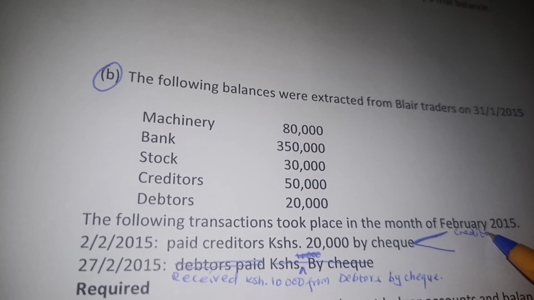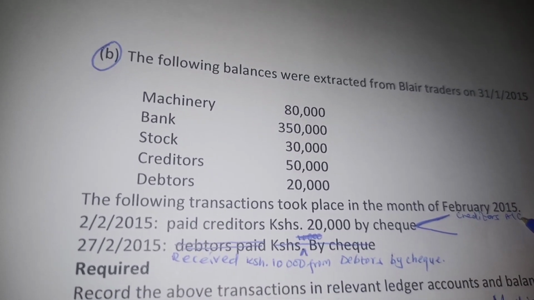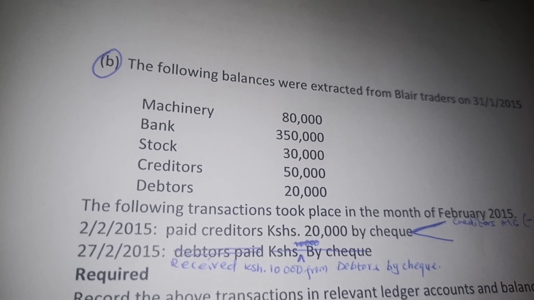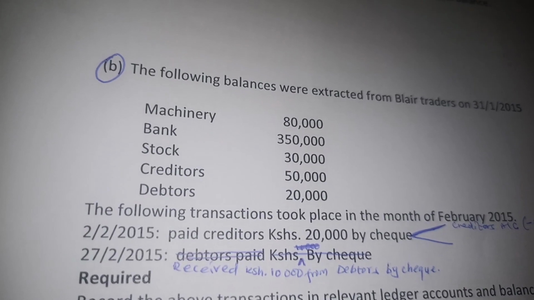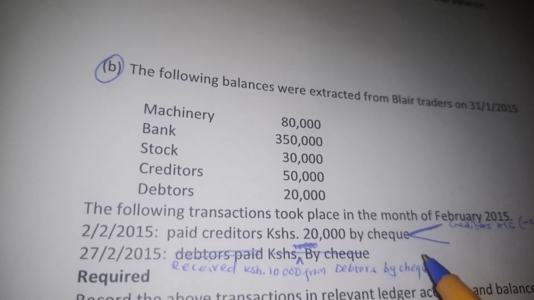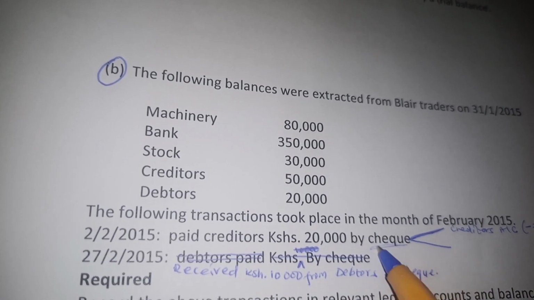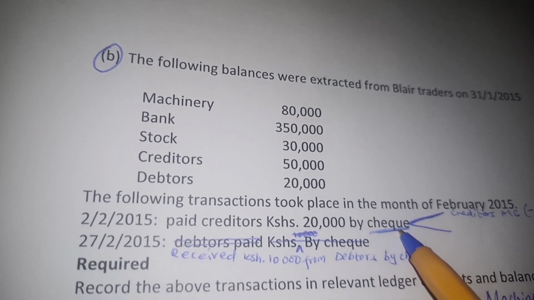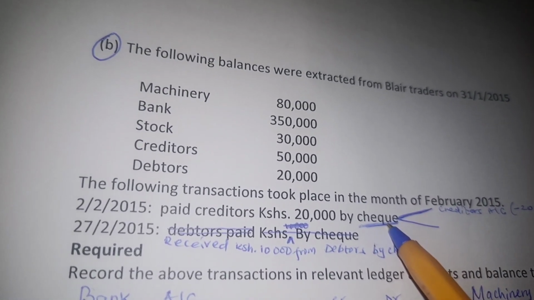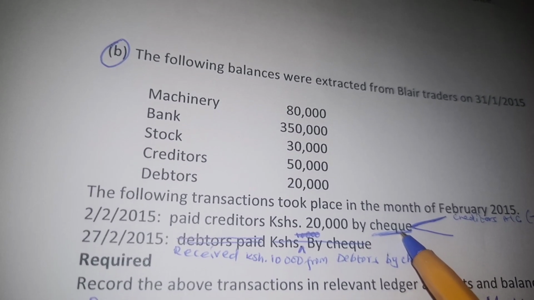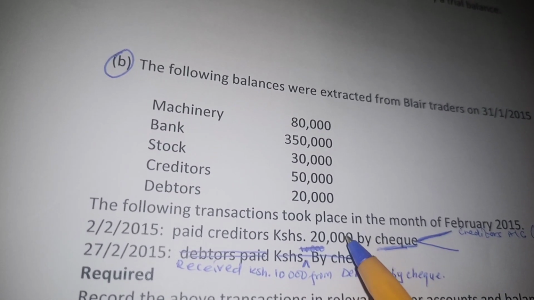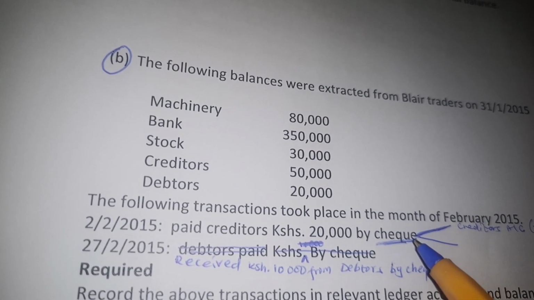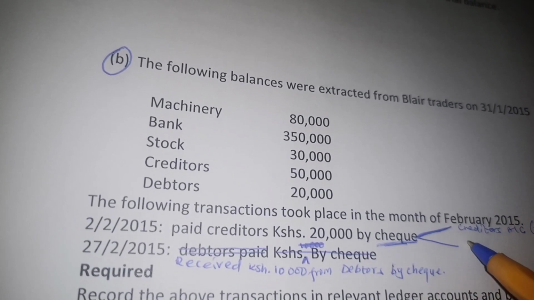So the creditors account is going to reduce by 20,000. And then also we have a check, so the amount of money in the bank is also going to reduce by 20,000. This money will be withdrawn by the creditors.